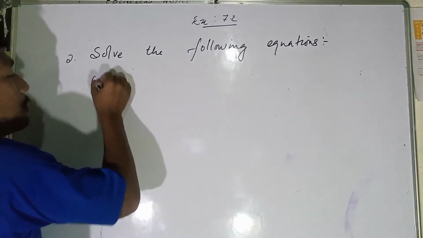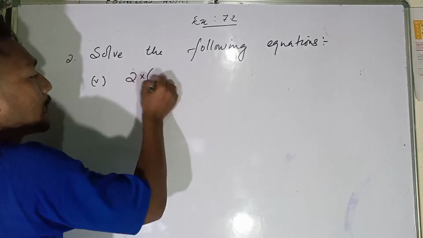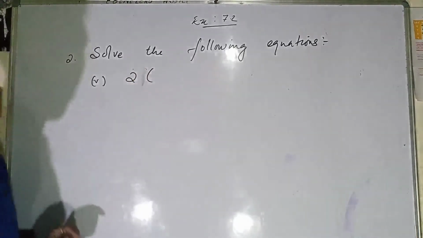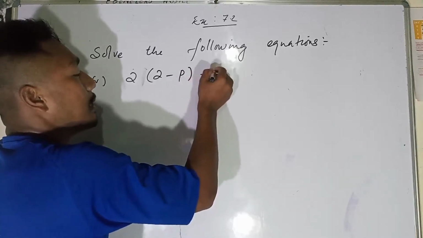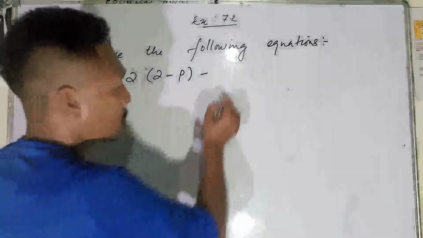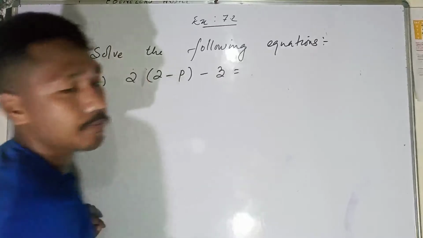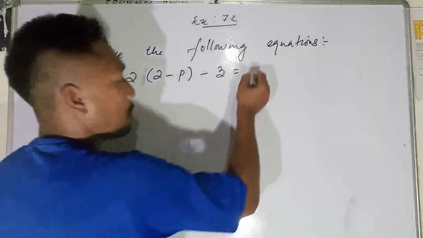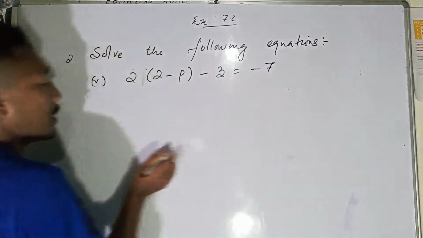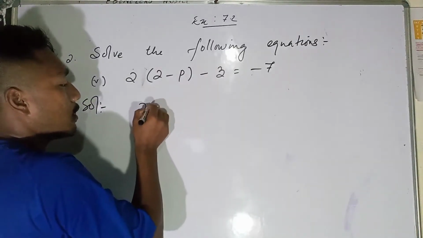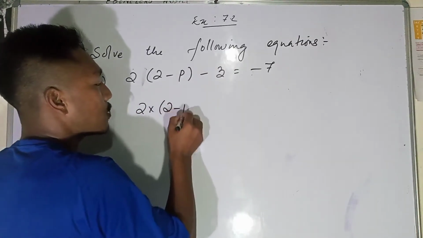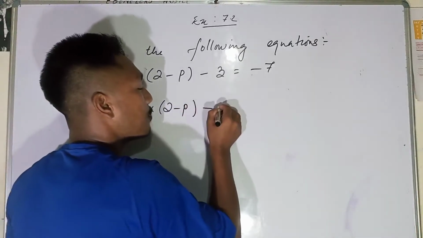Question number 5. 2x, not 2x, it is 2x minus p minus 3 is equal to minus 7. Okay, so I will try to solve this equation. First of all, the number alone which is written, that is 3, I have to remove this 3.